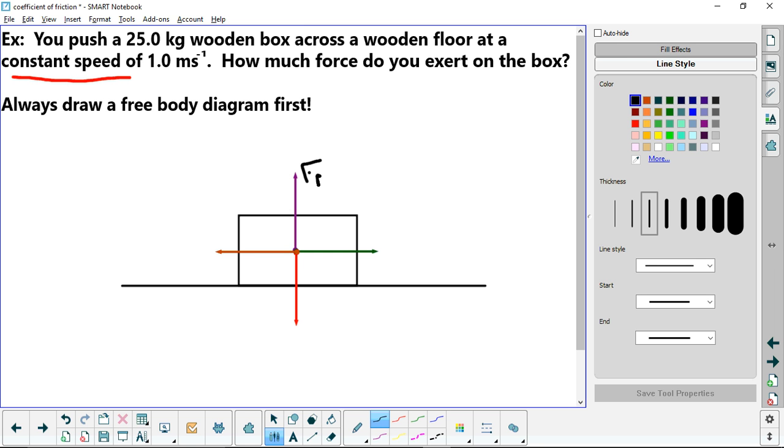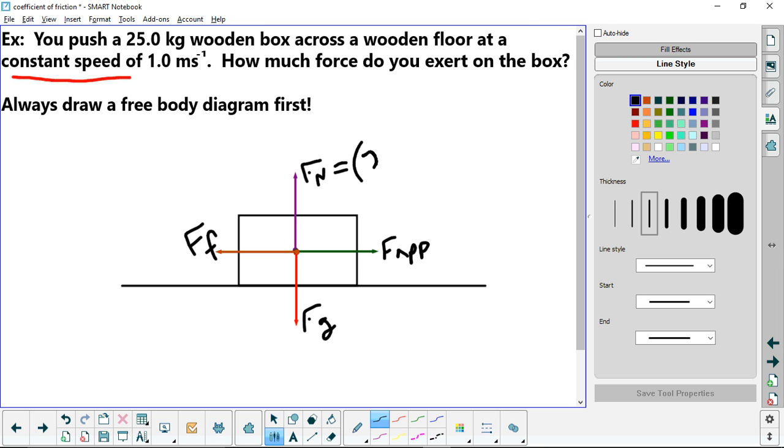Label all of these forces. There's normal force. There's applied force. Here is gravitational force, or the weight of the box. And here's my frictional force. So I know that my normal force is going to be equal but opposite of my gravitational force.